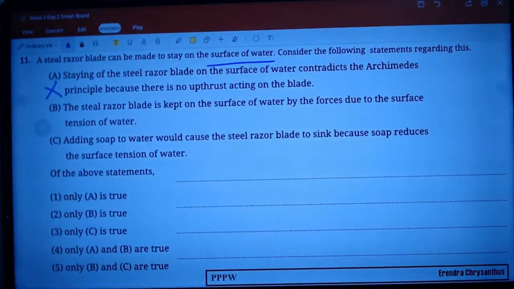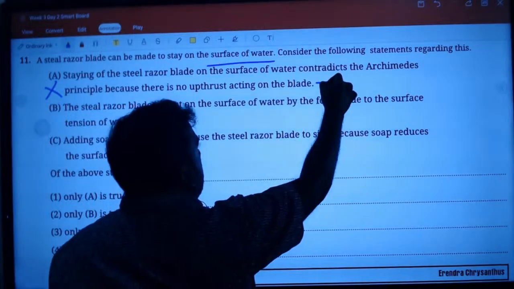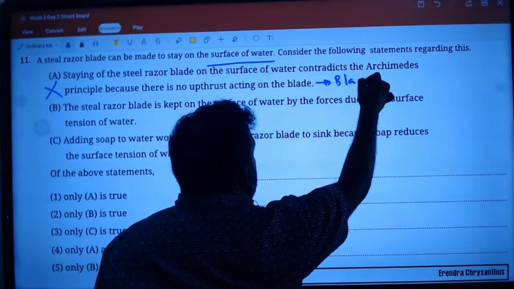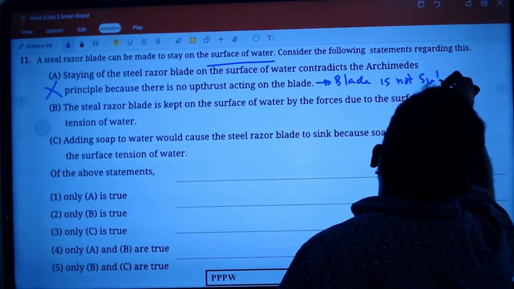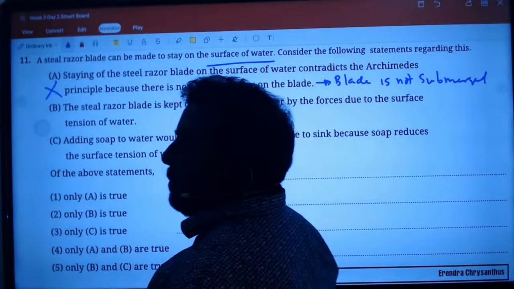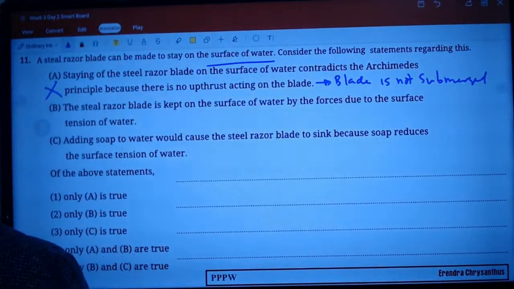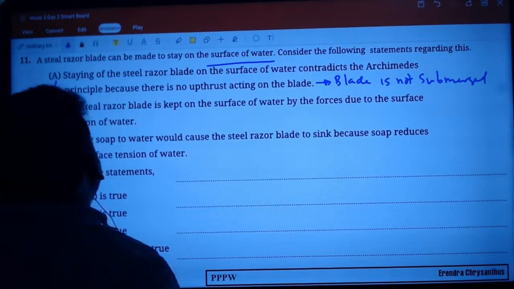Archimedes' principle is valid only when the blade is submerged. Therefore, you can't apply Archimedes' principle. Steel razor blade is kept on the surface of water by forces due to surface tension in water. Correct.